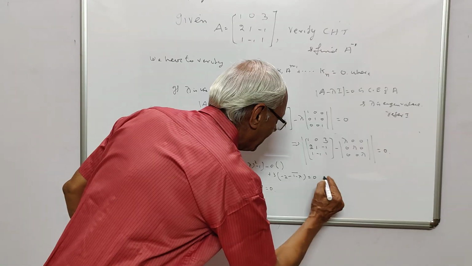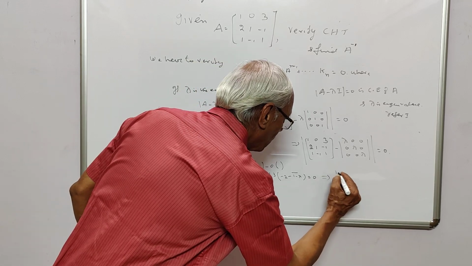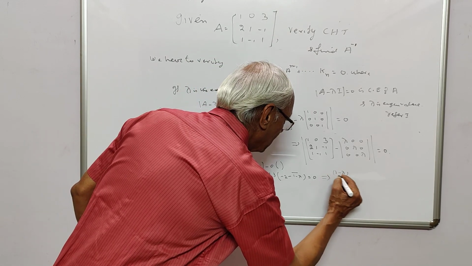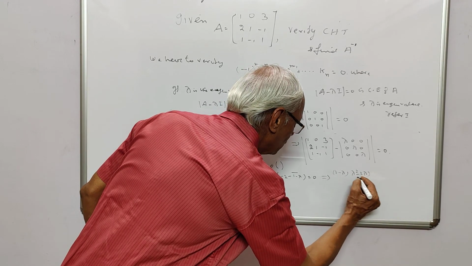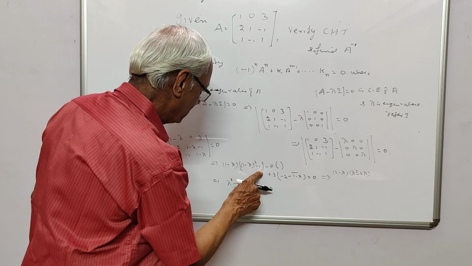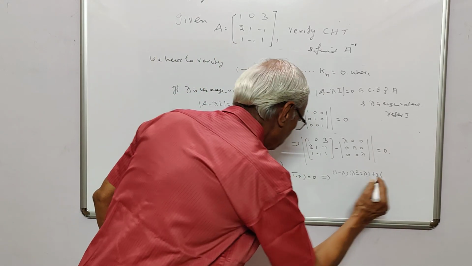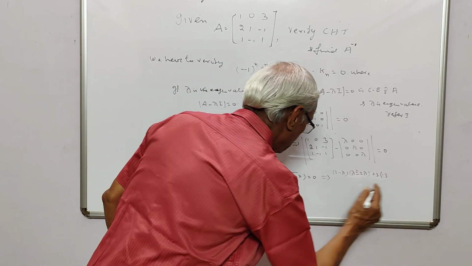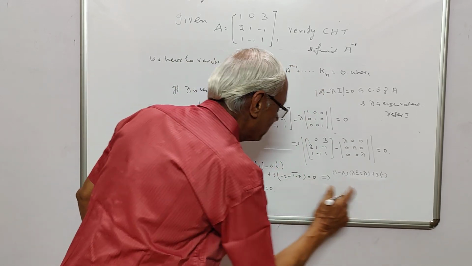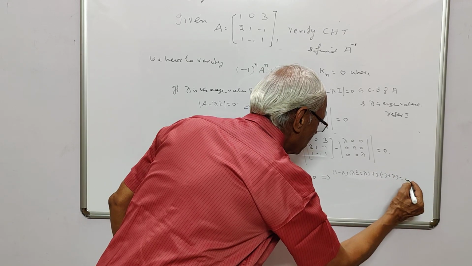So this implies, I will write here 1 minus lambda into lambda squared minus 2 lambda for this, and plus 3 into minus 2 minus 1 is minus 3, and minus into minus will make it plus 3 lambda is equal to 0.